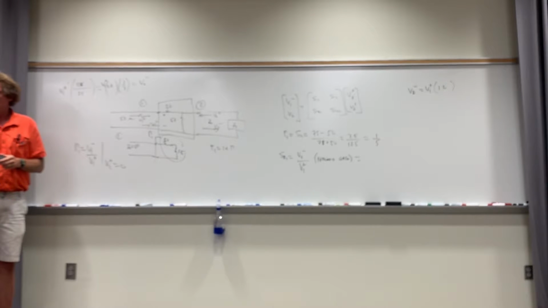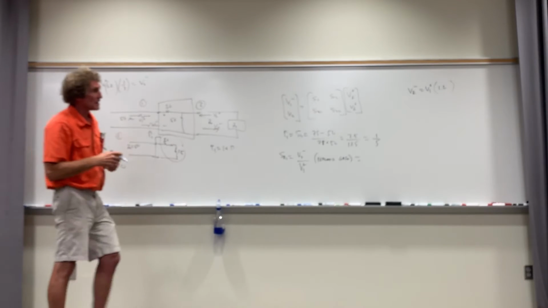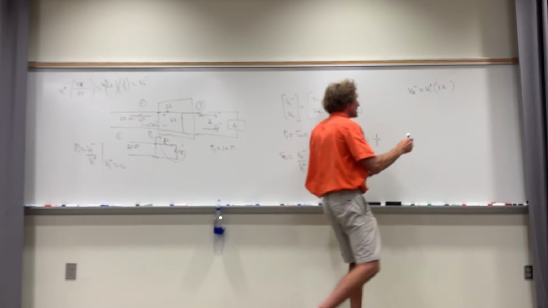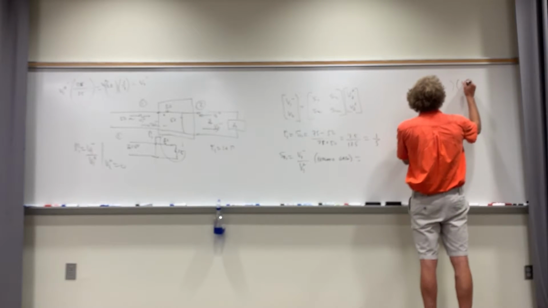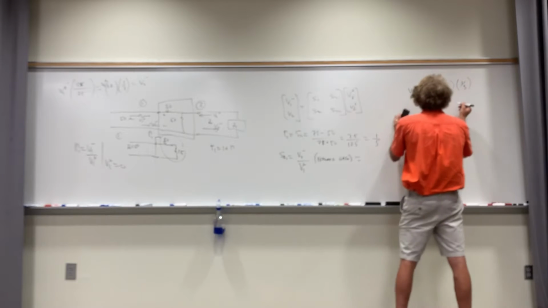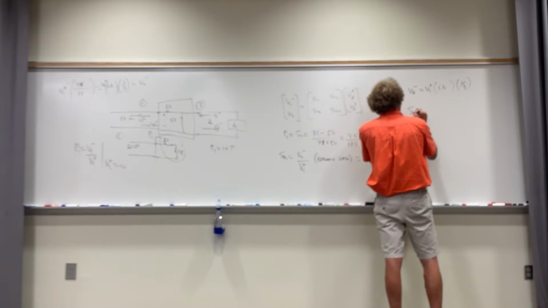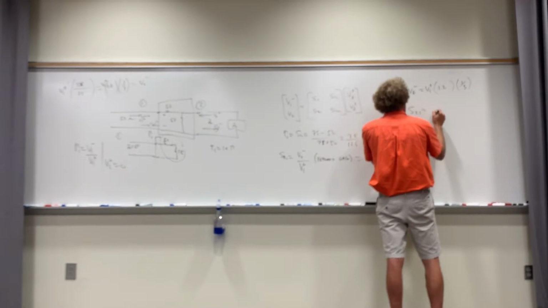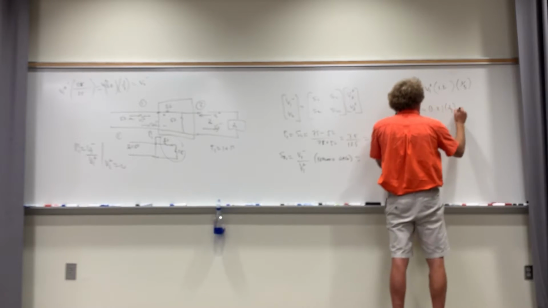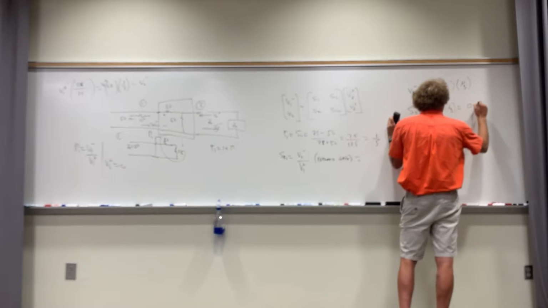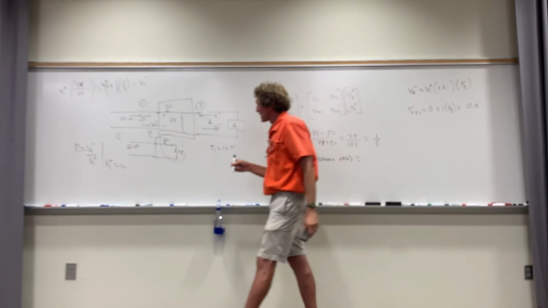Now, if we have that, this times 1/3, and that means S21 is equal to simply 1.2 times 1/3 or 0.4. Is that right, class?